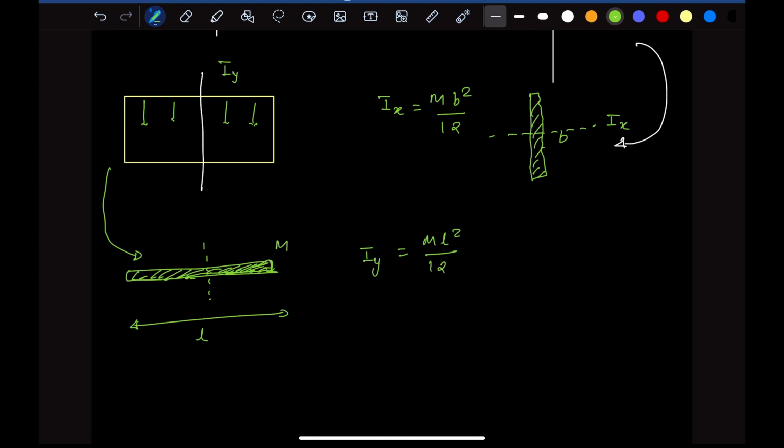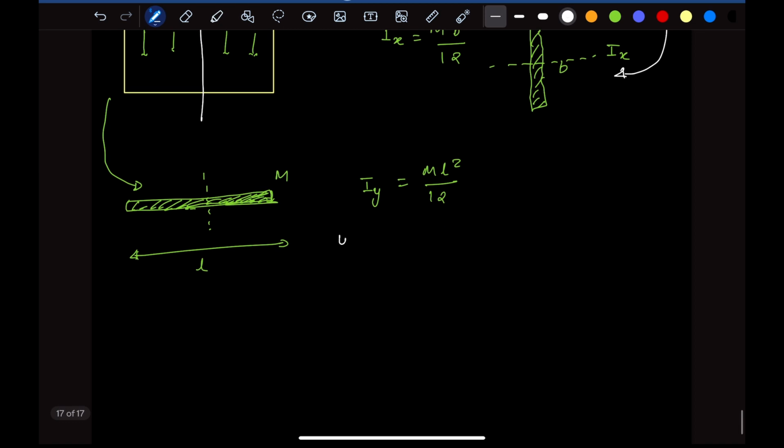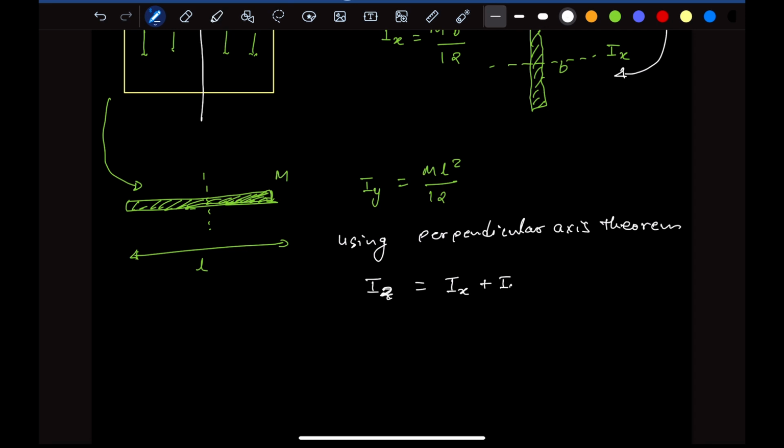And now using the perpendicular axis theorem, we can say that Iz, or the moment of inertia about the axis perpendicular to the surface, is equal to Ix plus Iy, where these two axes are passing through the plane of the body and perpendicular to each other.